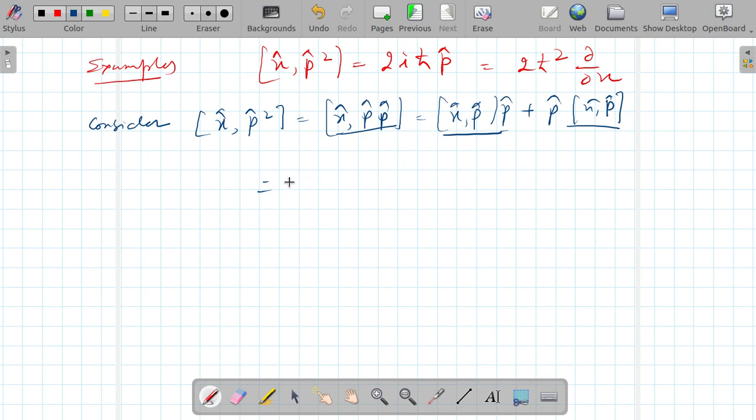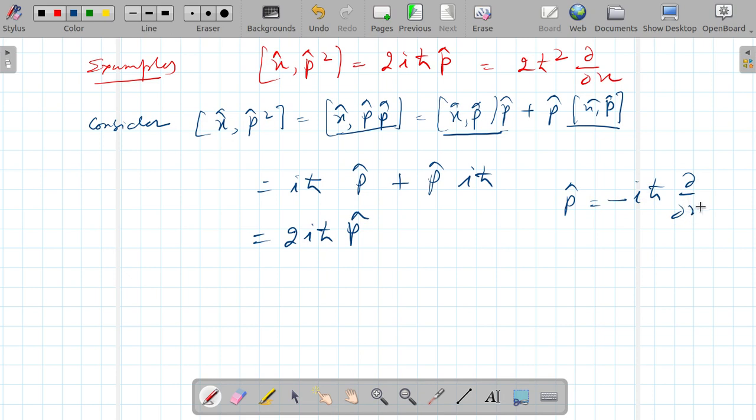Since the commutator is equal to i h-bar, its value is p operator i h-bar, so it is 2 i h-bar p operator, but the p operator is minus i h-bar del over del x, so it is 2 i h-bar times minus i h-bar del over del x.